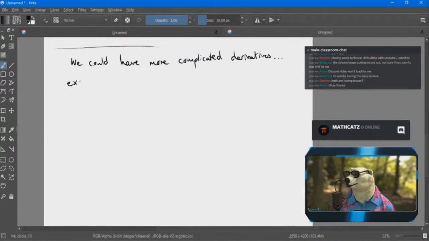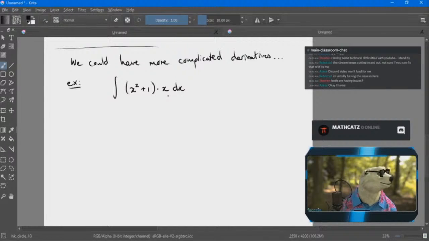For example, before we worry about the problem book, let me just try and illustrate by example how these are different. If, for example, I have x squared plus 1 times x, and I'm looking for the antiderivative of this. Given our experience up to this point with this new chapter, what would we do?